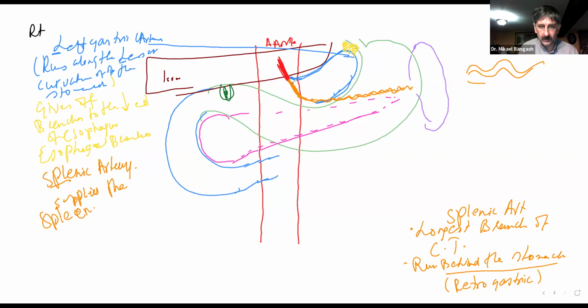So initially it runs like this, but then it runs behind the stomach. We call it the splenic artery, and it's obvious from that name that it's responsible for supplying blood to the spleen.